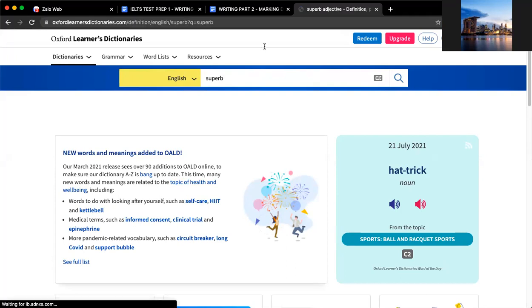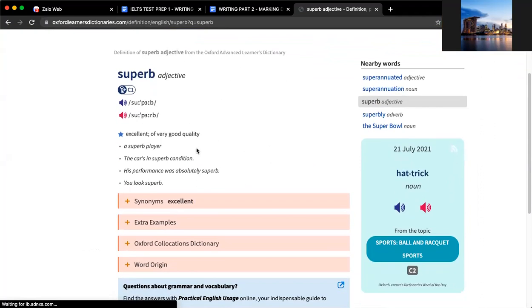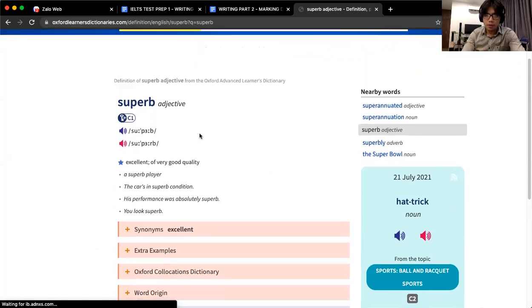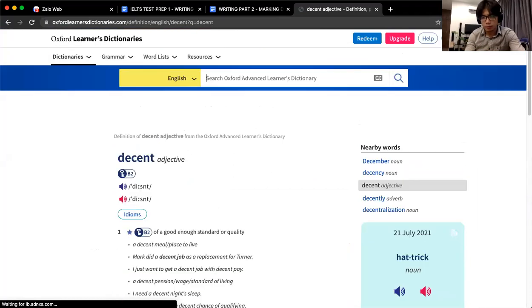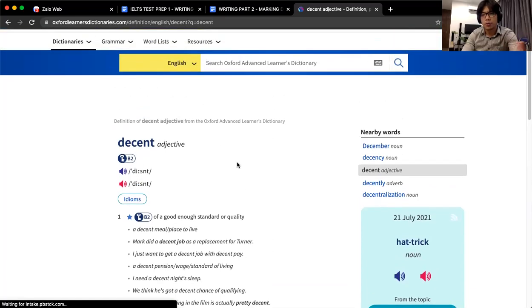My favorite one, for example, we say superb, excellent, very good quality. It's not just good, it's extremely good. Or if something is good enough, just enough, we say it's decent, a good enough standard. Not particularly good, but okay.